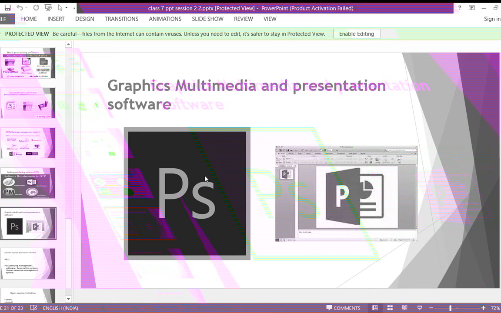Now comes presentation software. What is the use of presentation software, as you learned in 6th standard? Presentation means to present something, to create a PPT. In a PowerPoint presentation, you create different slides and add images. Suppose I give you one topic, computer, then you create the slides in Microsoft PowerPoint.